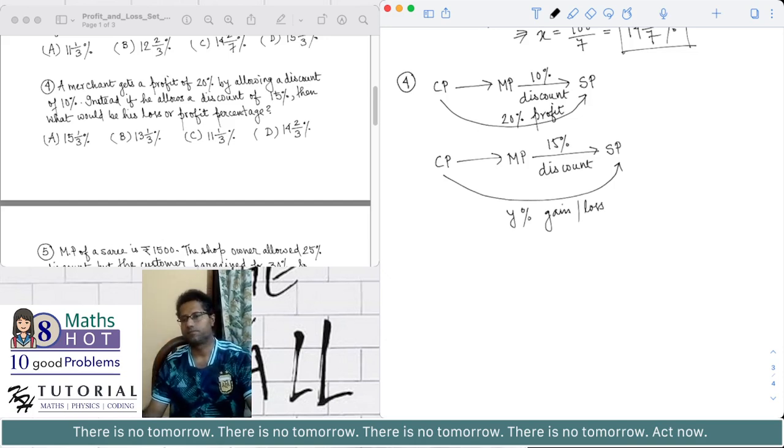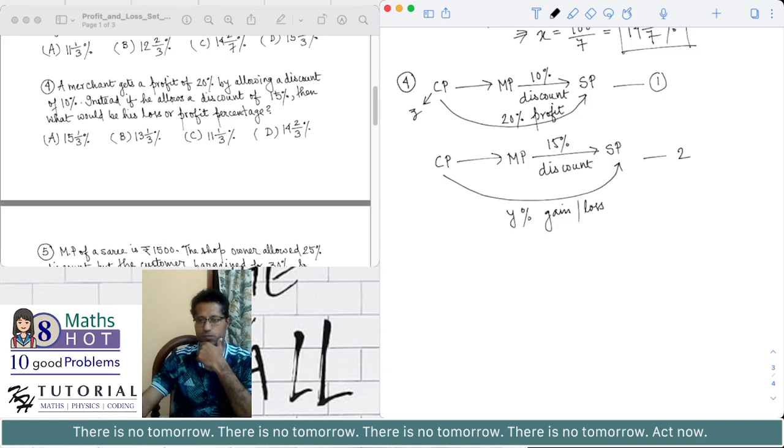Now, okay. So let's say the cost price is z. Now in the first case, let's say this is case 1 and this is scenario 2.